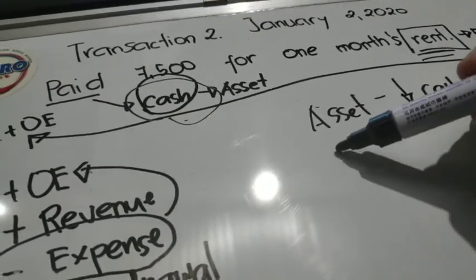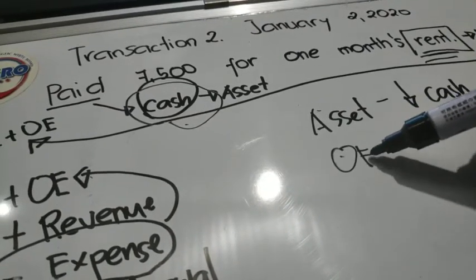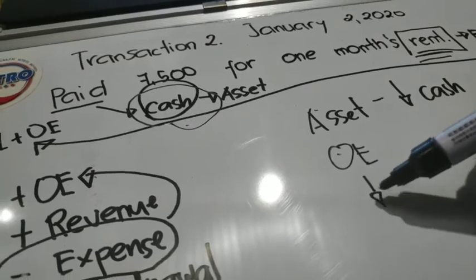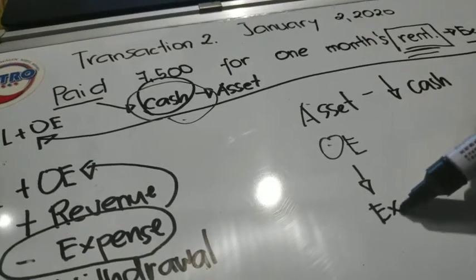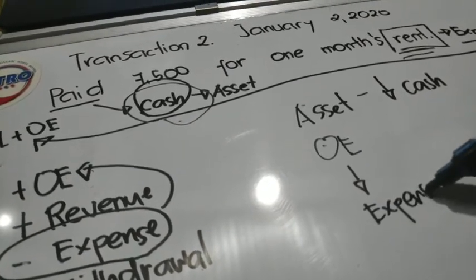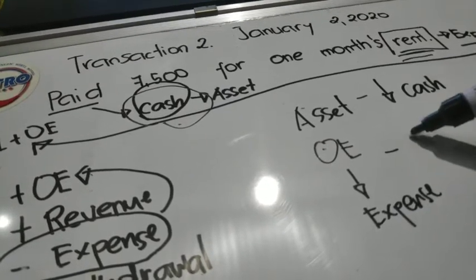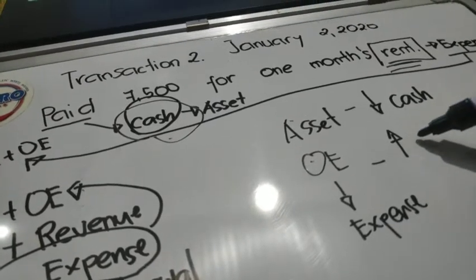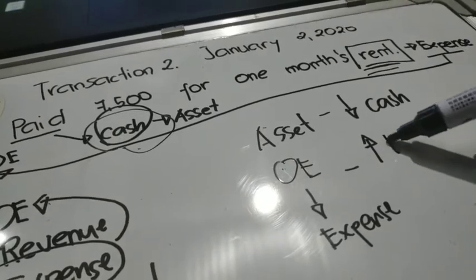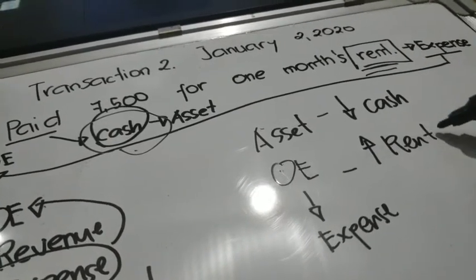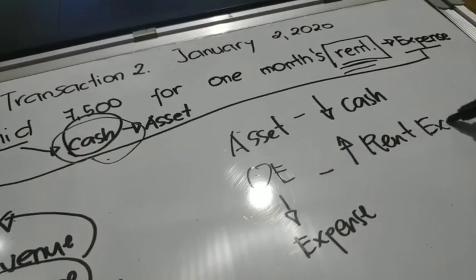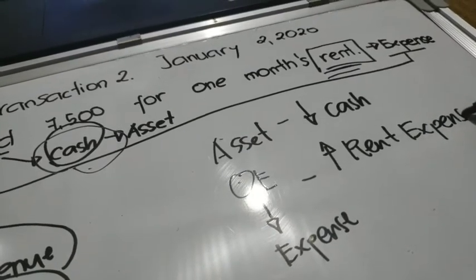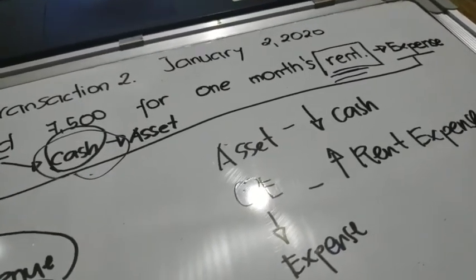Now, on the owner's equity, for the expense, it increases in the amount in the account rent expense. Why does it increase? Because you paid.